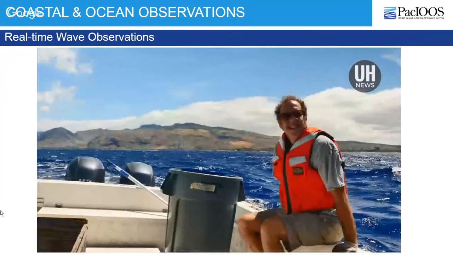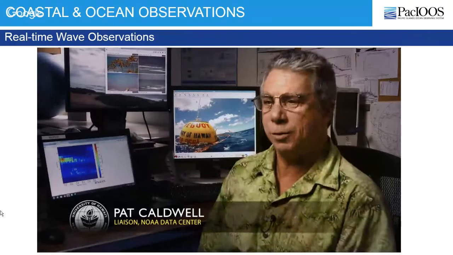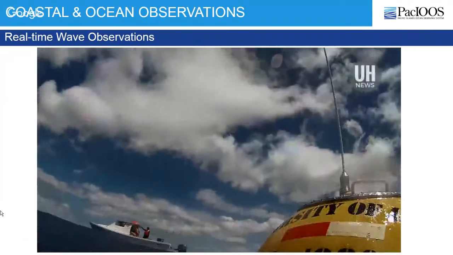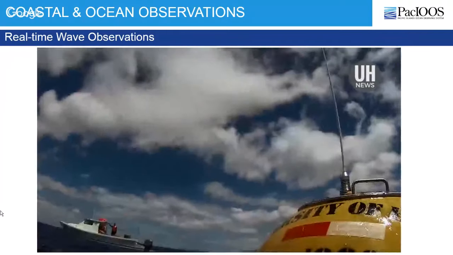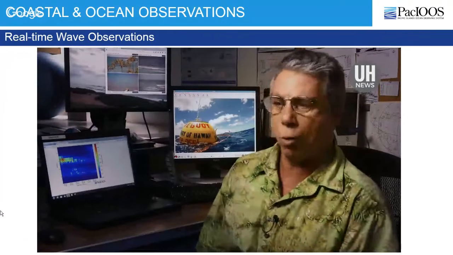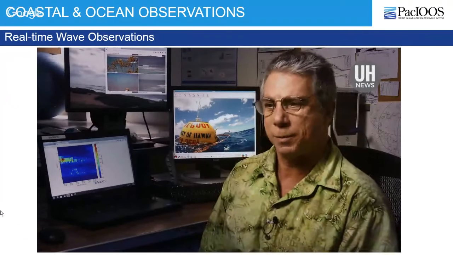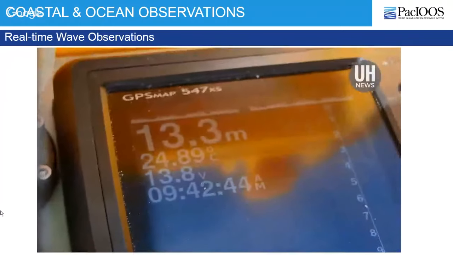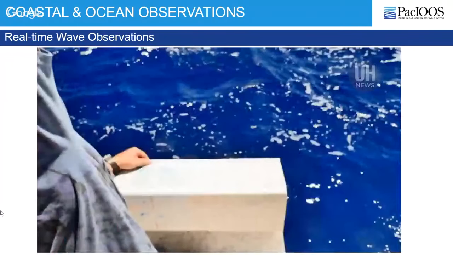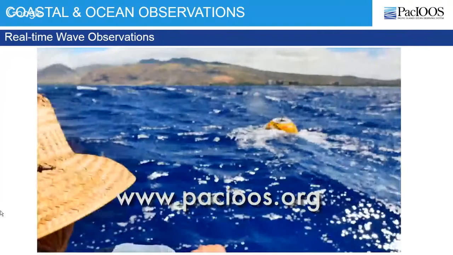Hawaii is an ocean state, and there's a wide range of commercial and recreational activities close to shore and in nearshore waters. So these buoys take the pulse of the sea and give you a clear picture of what the wave field is like. So that's hugely important, whether it's for safety or whether you're out there trying to surf a wave. Data from the Kailua Barbers Point wave buoy, along with other Pac IOOS wave buoy data, are available online at pacios.org.